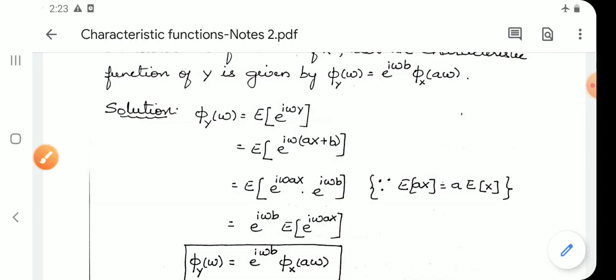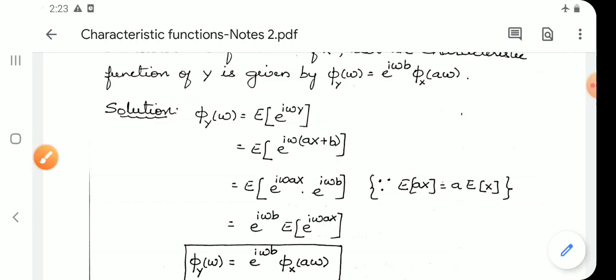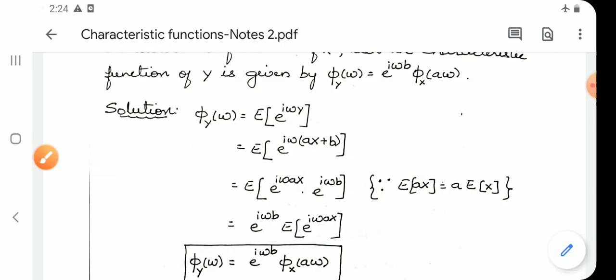We have already learnt that expectation of a into x can be written as a into expectation of x, where a is a constant. Similarly, e to the power I omega b is a constant. So e to the power I omega b we will write outside, and phi y of omega now becomes e power I omega b into expectation of e to the power I omega ax.